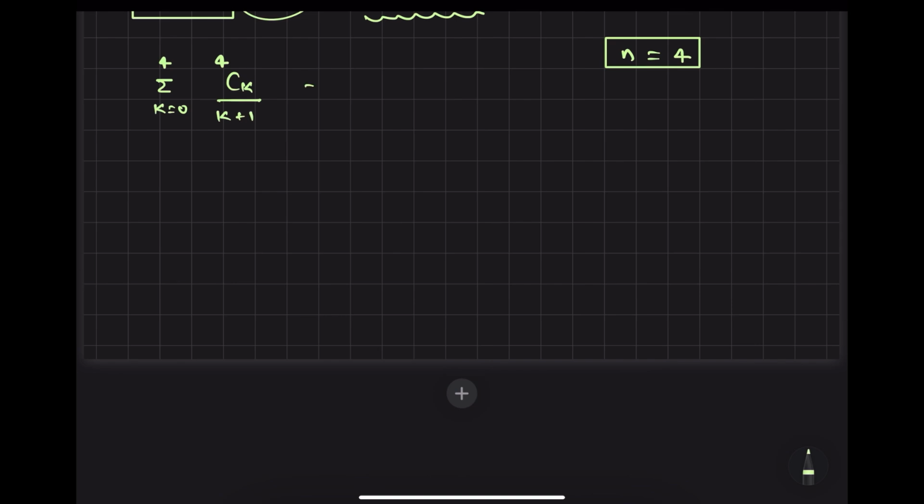If you will expand, what will happen? 4C0 over 1, 4C1 over 2, 4C2 over 3, 4C3 over 4, 4C4 over 5. Look at this. The numbers are on the denominator, correct?